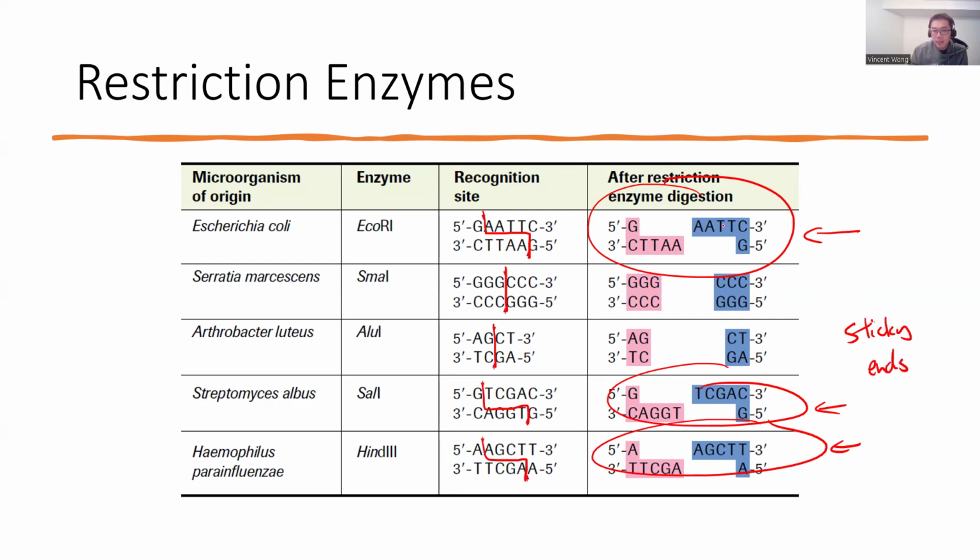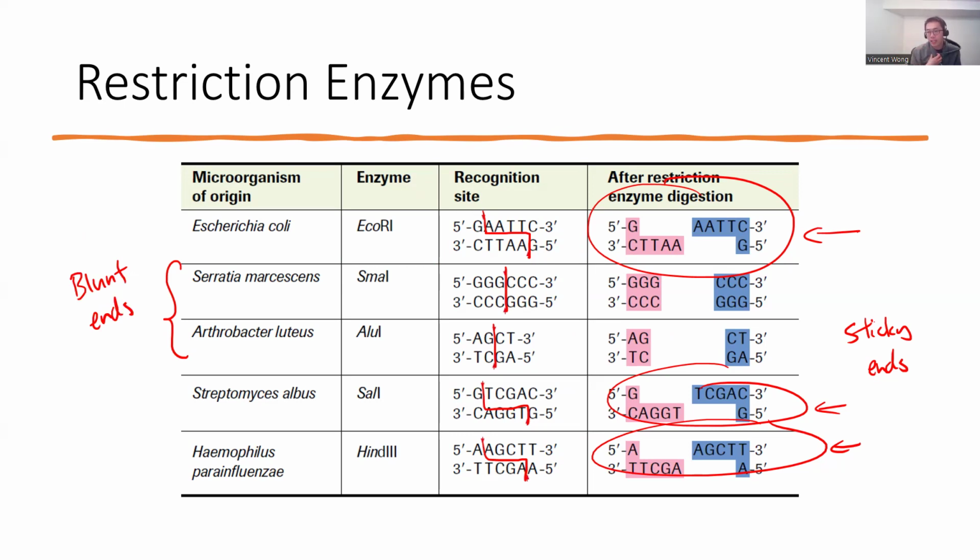They are sticky ends because the strand that's hanging out is complementary to the other side that's hanging out. So you can put them back together and they will stick because of the hydrogen bonds. These ones cut straight down. They have blunt ends.